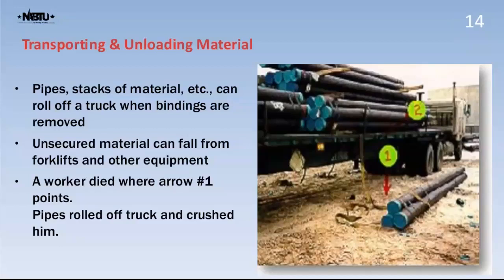So if you're working around trucks and unloading, make sure you keep your distance and you're not in a place where you can get hit if stuff falls off. Unsecured material can fall from forklifts or other equipment. You can see here that where that number 1 is, is where the worker was when he got killed.